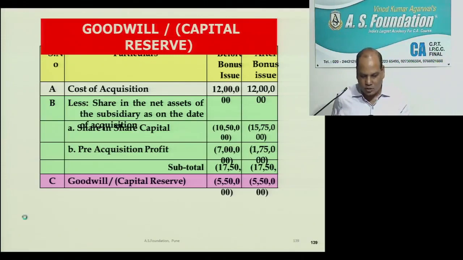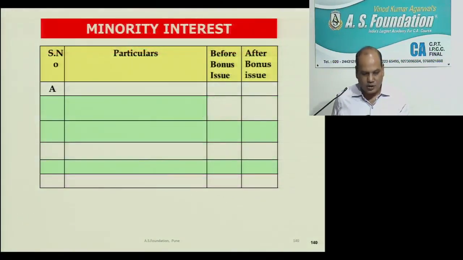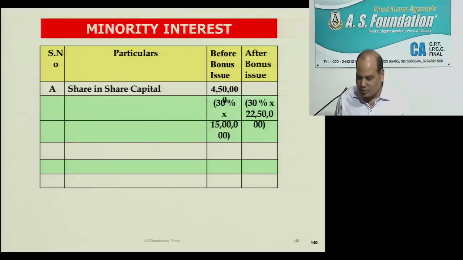Okay. Now the last part of this wonderful chapter, wonderful question: minority interest. Let us check whether that will also change or remain the same. Point number 8, share in share capital: 4,50,000 in the first column and 6,75,000 in the second column.